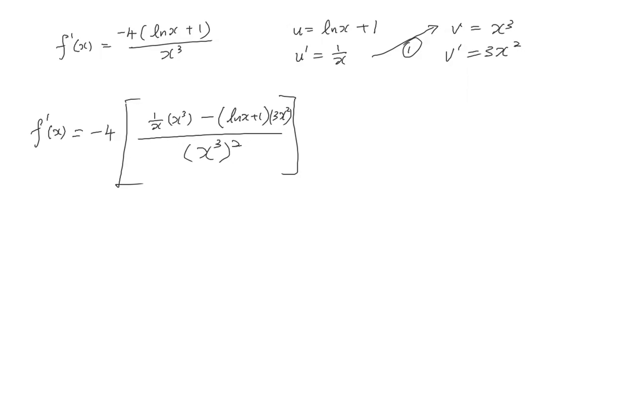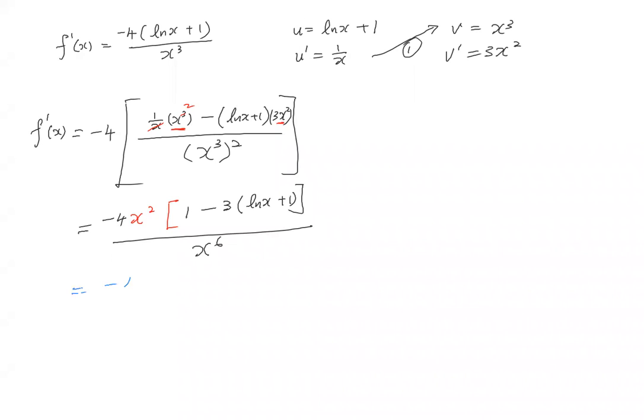Okay, simplify. So we got -4. When we simplify this becomes square, and we have the common factor x squared. So we take out the x squared. Open bracket. So here become 1, take away 3 (ln x plus 1), then divide by x to the power of 3 times 2 is 6. So you simplify. So this one you have to be very careful.